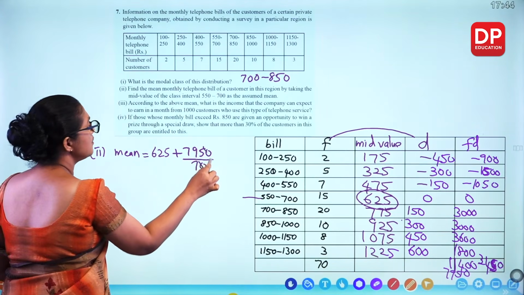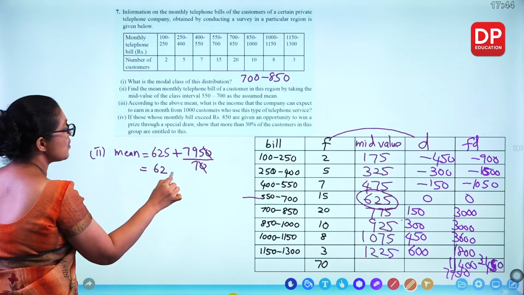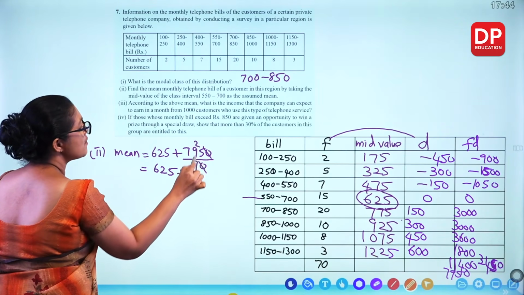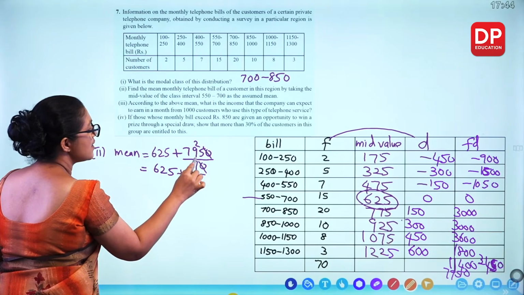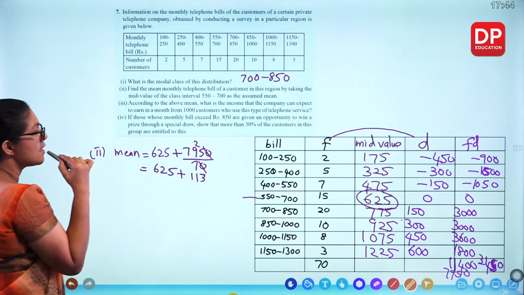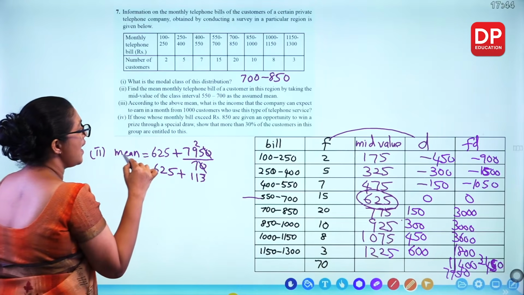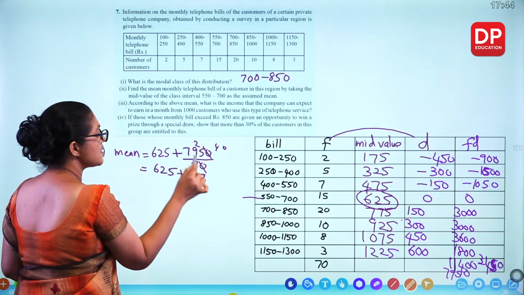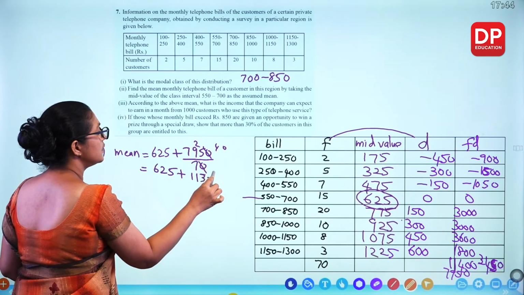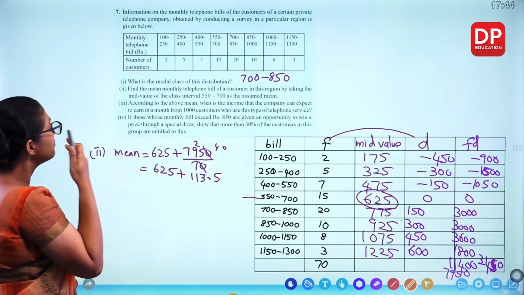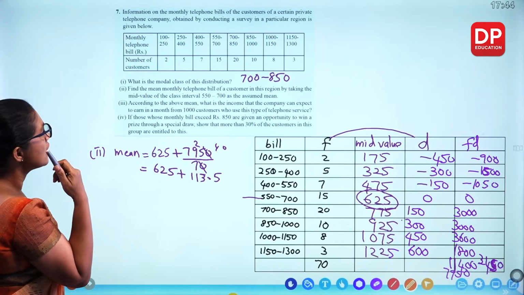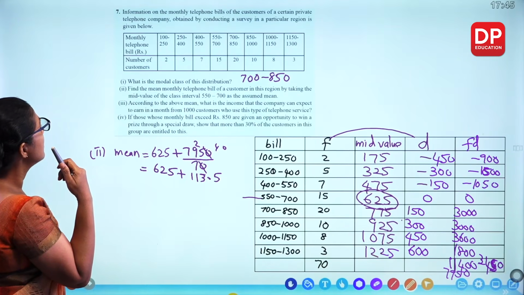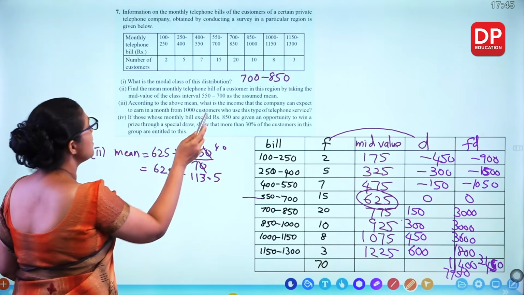Now divide and see. 625 plus divide by 7, 1, 25, that's 7. 7 times 3, 21, and you get 40. 40 means 7 times 5. So roughly this much. So we'll take correct to one decimal place.